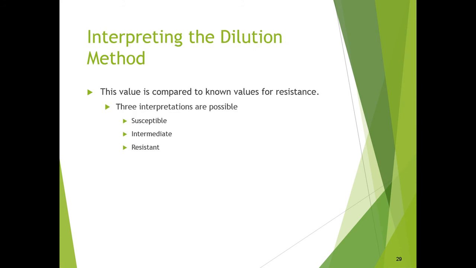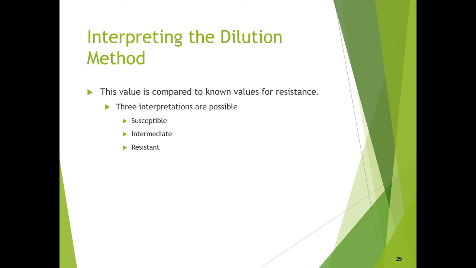So interpreting the dilution method, this stands in place for MIC testing and for disc diffusion testing. Basically, the value of the MIC, or the value of the zone of inhibition on a disc diffusion plate, is compared to a known value for resistance.